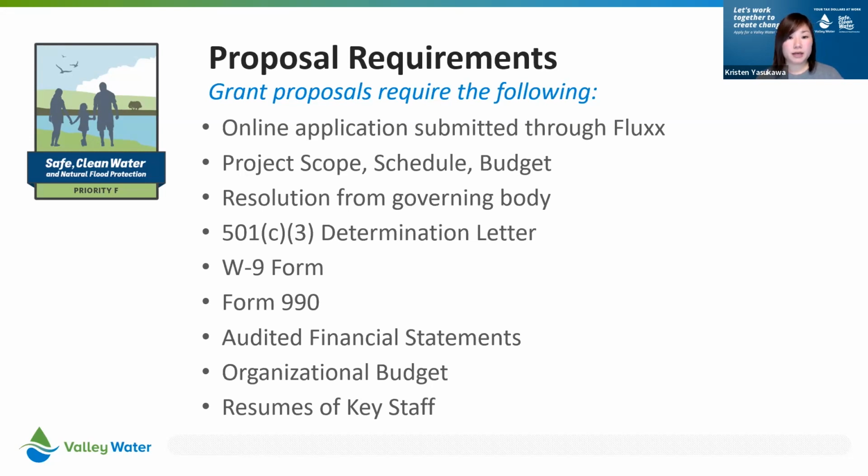A good rule of thumb is if you have 5 different staff members, you don't need to include their names in the budget, but we do need to see their resumes uploaded to the application. But in the budget, if there are 5 staff people you're going to request reimbursement for, we would expect to see those 5 resumes uploaded to the application. And again, we do have templates and resources related to some of these items, and they're indicated in that Flux application.